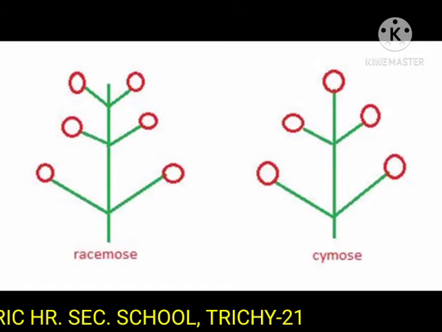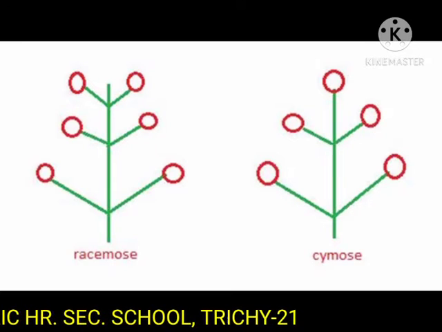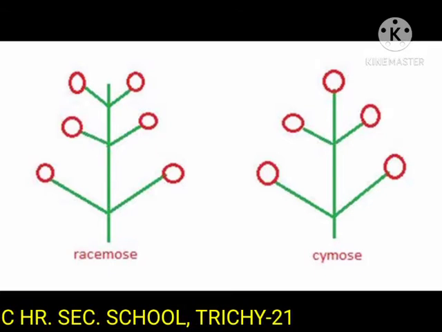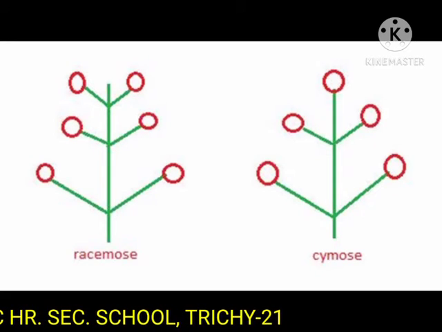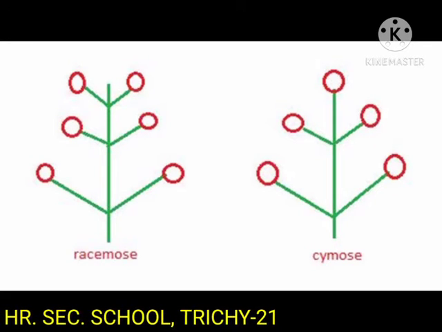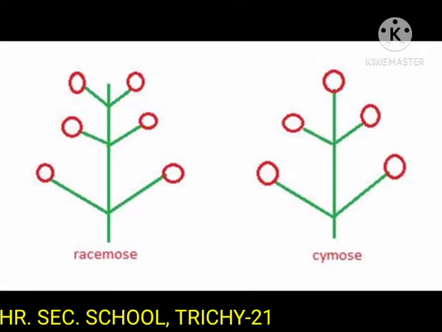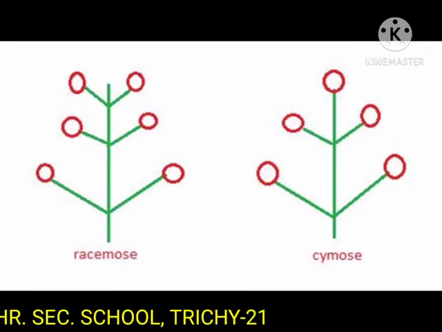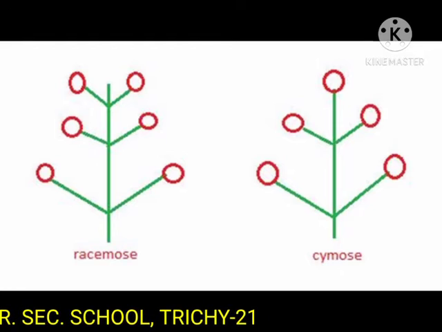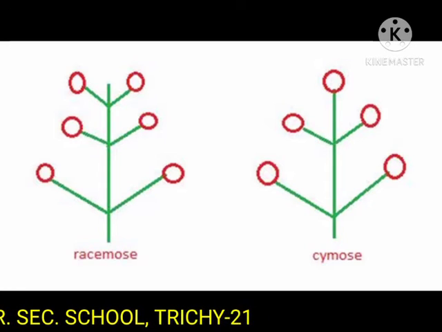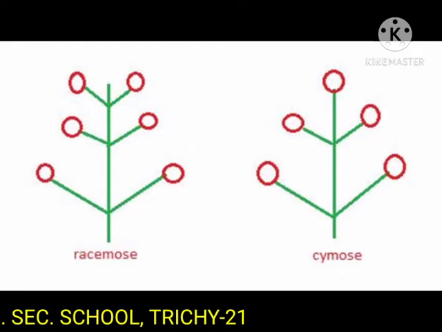The first one, the main axis elongated. The axis of the inflorescence is elongated and contains pedicellate or sessile flowers on it. The following types are discussed under the main axis elongated type.